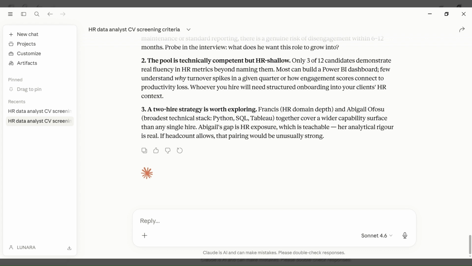And as an HR professional, you shouldn't ignore your human judgment, and you should also consider some of the cultural factors in your organization, whether that candidate suits your culture.